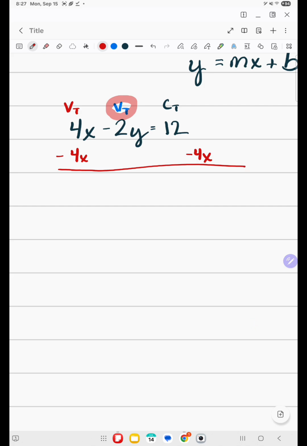The 4x's that I moved cancel out, and the negative 2y comes down. The equal sign always comes down. There's a reason why I did not put this constant term with this variable term. They are not like terms, so I can't put those together. So I'm going to put them side by side.